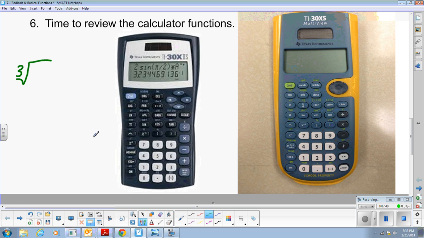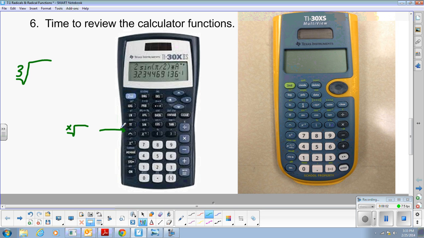Well, on the calculator, to do a cube root, on this calculator, the TI-30X2S, which many of you have, the cube root function is right above the caret key. What you'll see is it's right there where I'm putting the green arrow. It looks like this. There's a little x, and then there's a radical sign. So you will need to press that key.